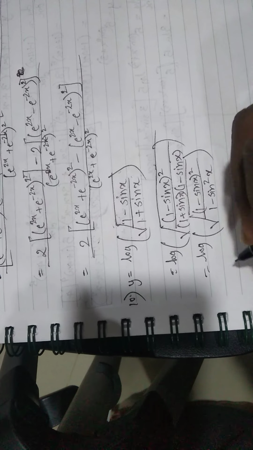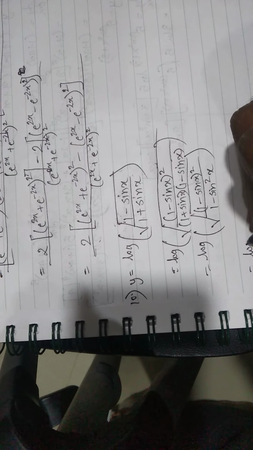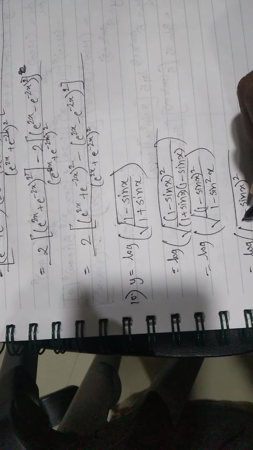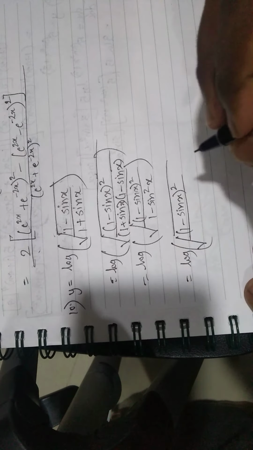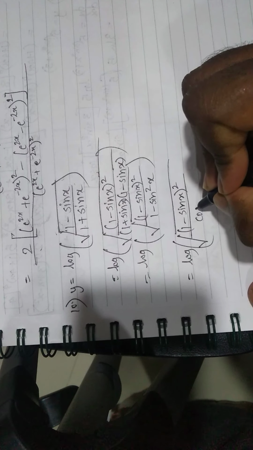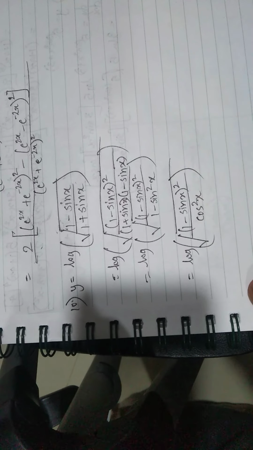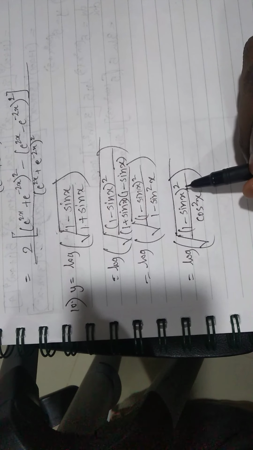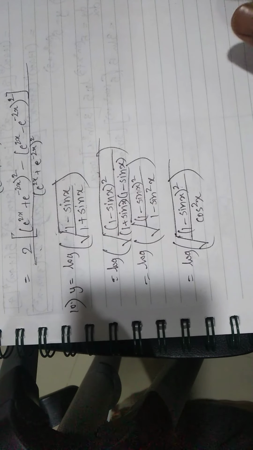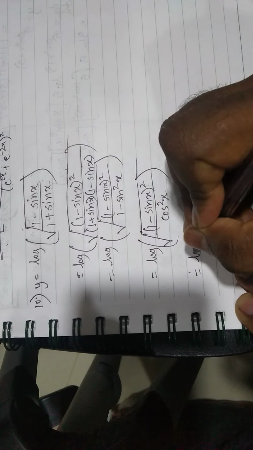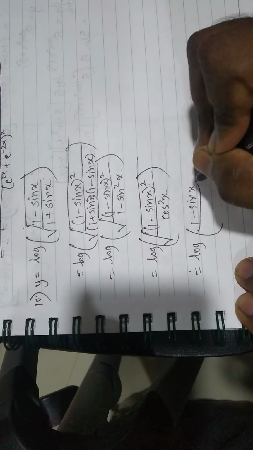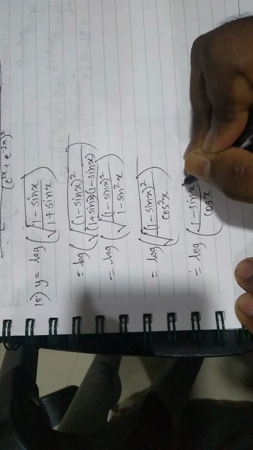Now this can be simplified and written as log under root 1 minus sin x, the whole square, upon cos square x. Now the square root can take out these squares, so this expression will get simplified as 1 minus sin x upon cos x.